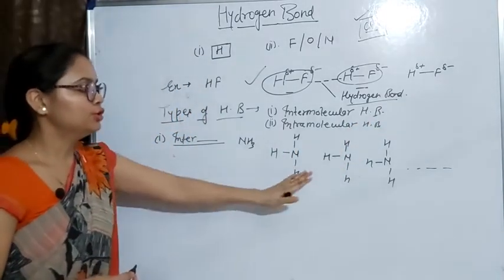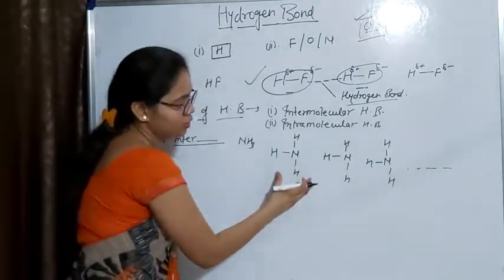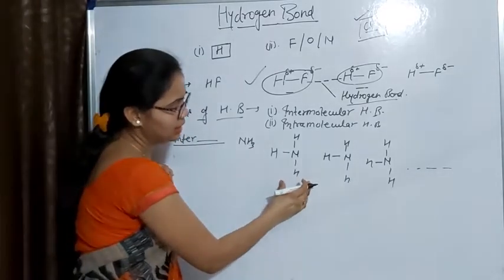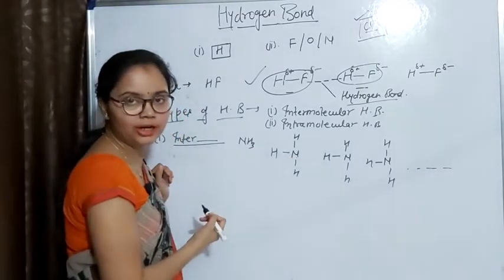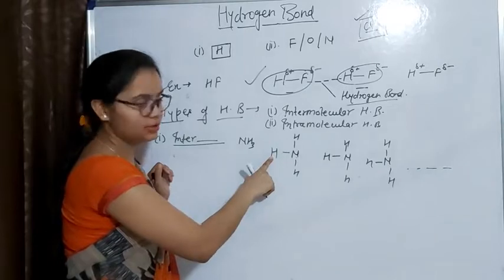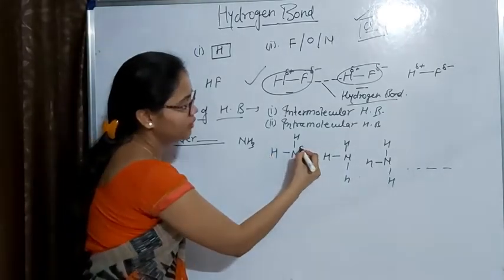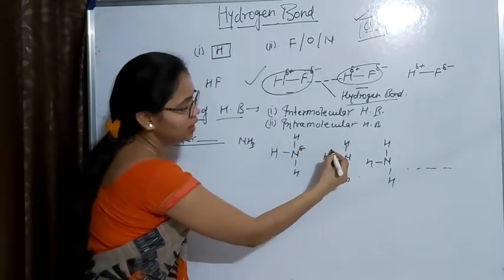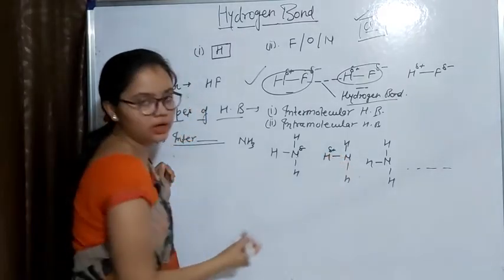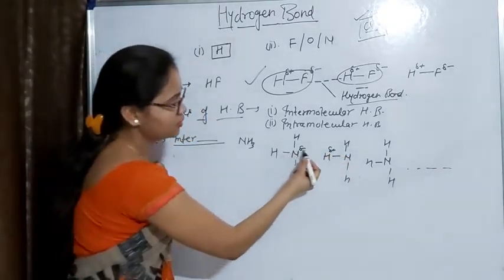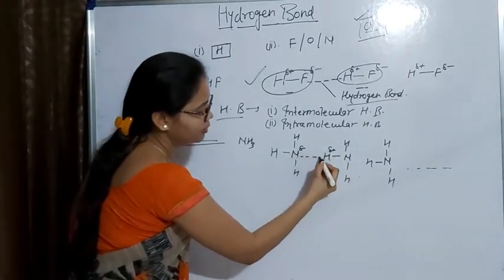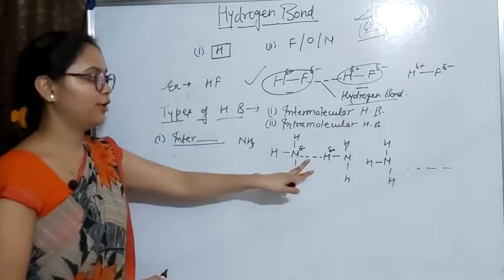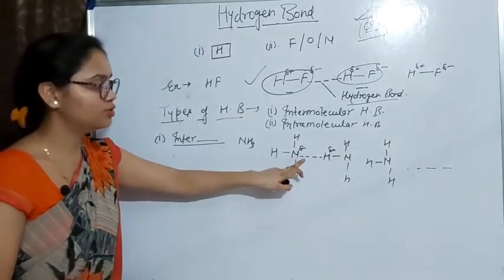If we focus on this molecule, you can see that nitrogen is a highly electronegative element compared to hydrogen, so definitely it will have a negative charge and hydrogen will have a positive charge here. Because of this positive and negative, they will form a hydrogen bond. As I told you, we can represent hydrogen bond by these dotted lines.